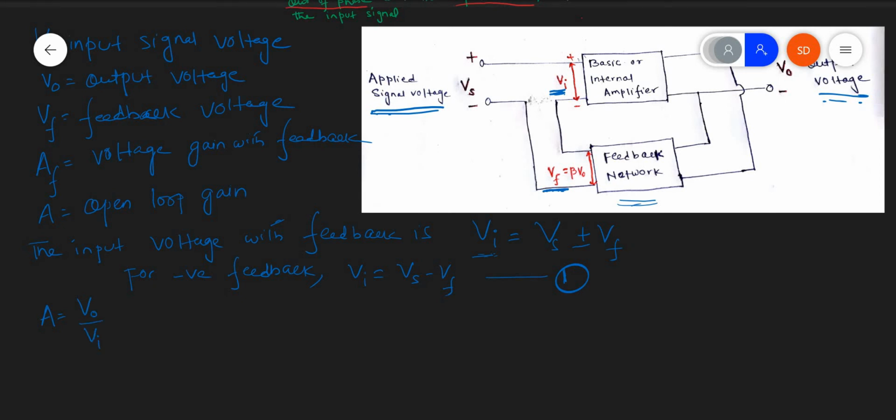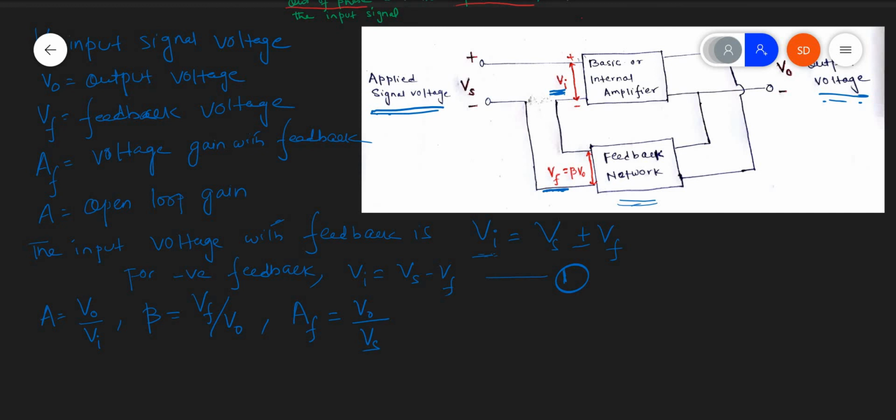Then beta is given by Vf by V naught, and AF, that is voltage gain with feedback, is given by V naught divided by Vs. You'll have to remember these terms.